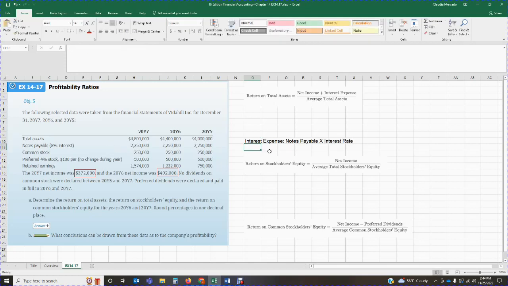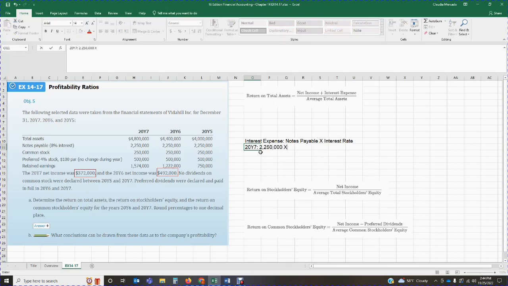For 20Y7, I am going to have notes payable of 2,250,000, and I'm going to multiply by 8%.